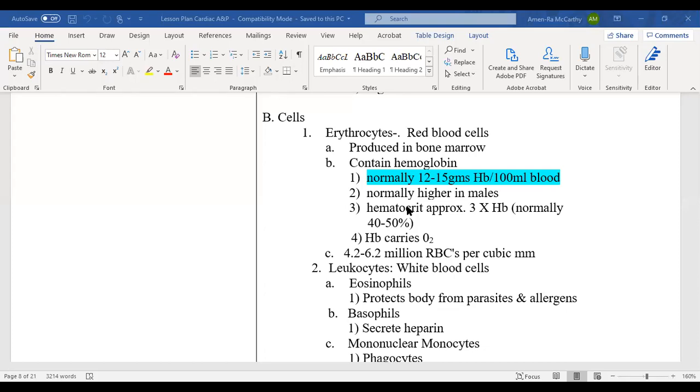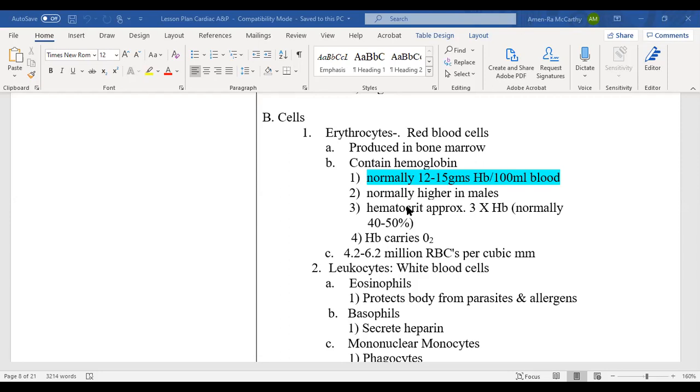So Jessica, if Mr. Johnson has a hemoglobin of 15, then what's his hematocrit? 45. So Jessica, hematocrit is 3 times the hemoglobin. And I said the hemoglobin is 12 to 15, right? That's the normal value for hemoglobin for male and female.